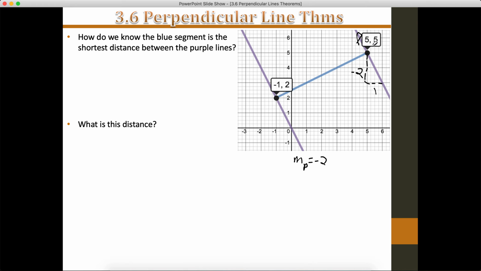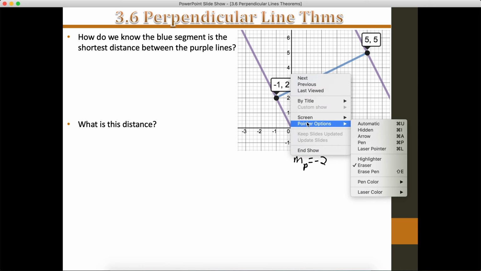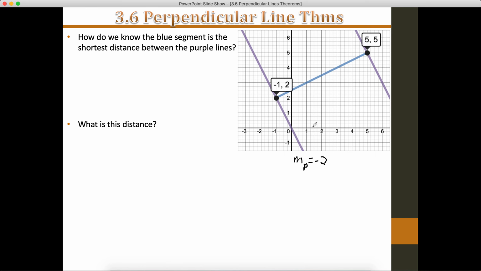How do I know that it's the shortest distance between the purples? Well, as I've been saying this whole time, the shortest distance between any 2 parallel lines is going to be a perpendicular segment. So how do we know that the blue is perpendicular to the purple? We compare the slopes because we're on a coordinate plane. I'll choose any one point on the blue line, any other point on this blue segment here, and I'll count.